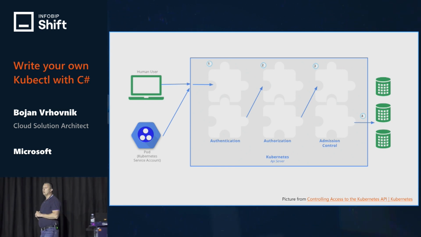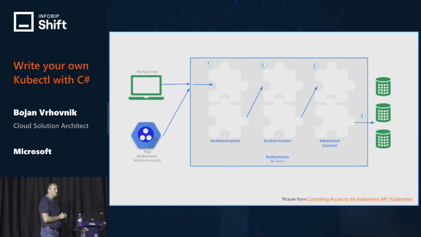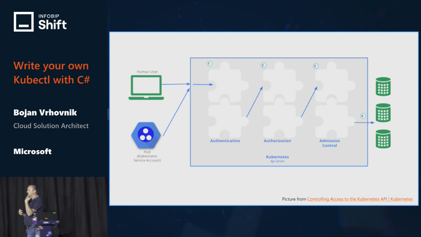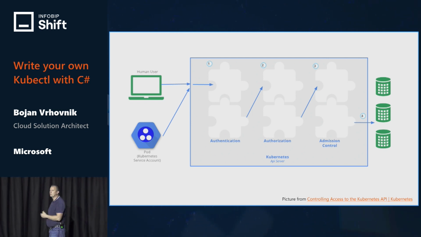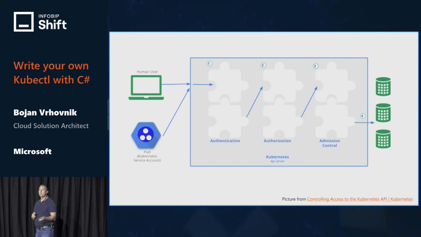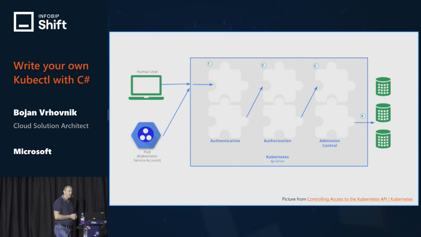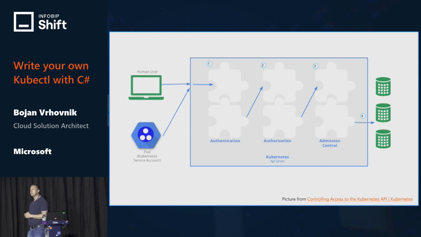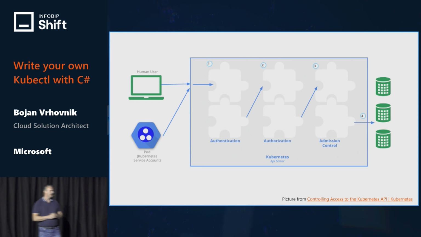And the third thing you need to be aware of is something we call admission control, which is a group of software modules installed by the admin when they install the Kubernetes cluster; it defines which admission controls will be available. Usually, admission controls happen after the request is authenticated, and they can modify or reject that specific request, and they can read the object before it's saved in that specific state.